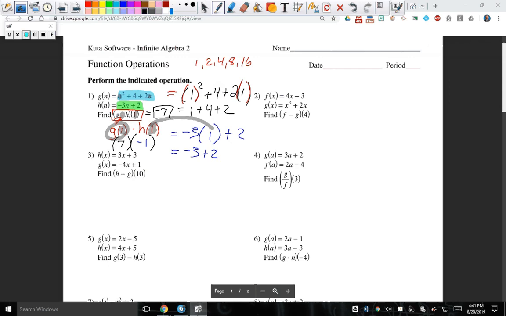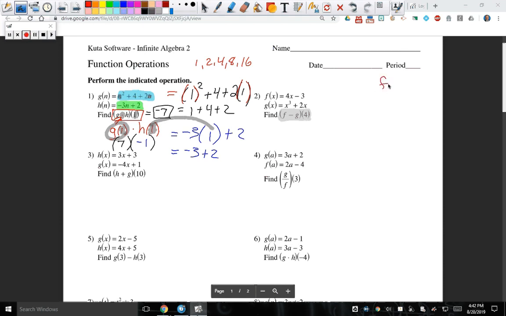Okay, so let's move on to number 2. So number 2, what it's asking for is what is f minus g of 4. So remember, that means this. It doesn't mean composition.